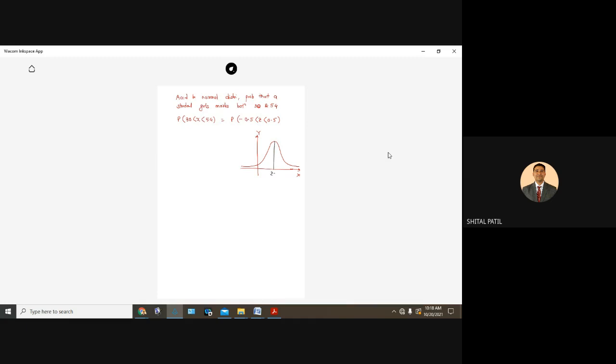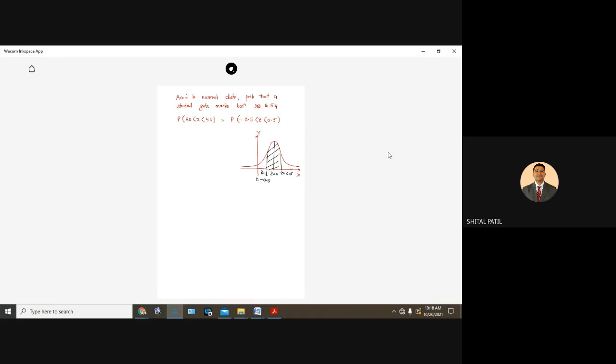This is z equal to 0, z equal to minus 0.5, and z equal to 0.5. Our aim is to find this total area.